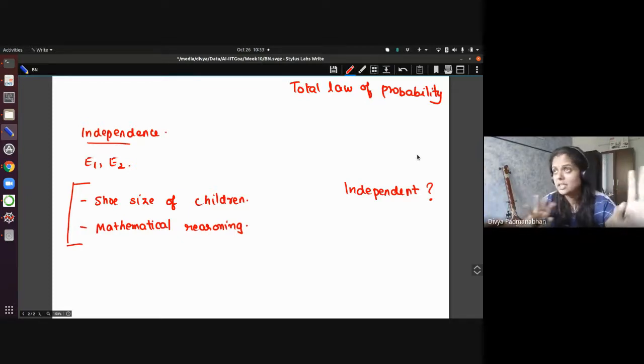Of course, correlation and independence are two different things, they're not exactly the same. But let's say independence. Do you think one impacts the other? If the shoe size is small, does it mean that the mathematical reasoning is small or large? Is there something you can say, or is there no connection between the two? What does it mean?